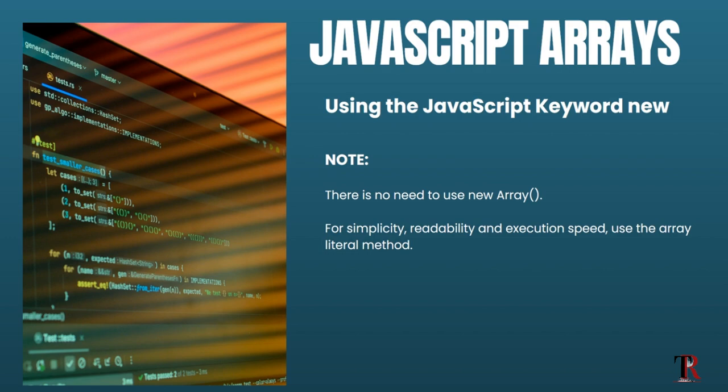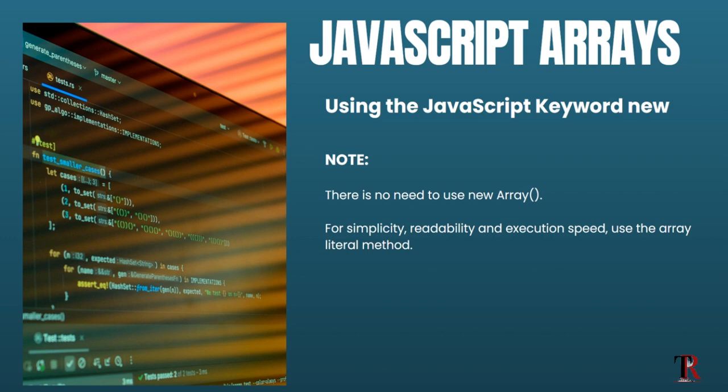There's no need to use new Array in some places and the array literal method in other places. So for simplicity, readability, and execution speed, always use the array literal method, because the new Array method and the array literal method achieve the same thing and work the same way to output results.